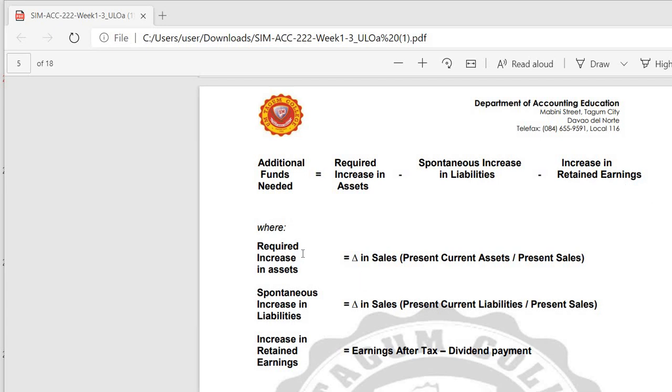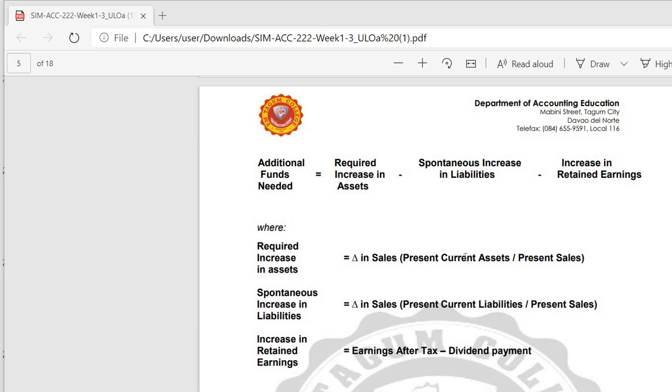So, how do we compute the required increase in assets? That's your change in sales. How much is the change in sales in our problem? The projected sales are 2,400,000 minus our current sales of 2 million. So, there is a change of 400,000 in your sales.